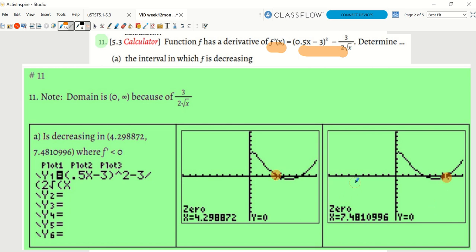They just separate into two windows. So basically, between 4.29 and 7.48 is where the slope is negative and therefore where f is decreasing. So there you have it.